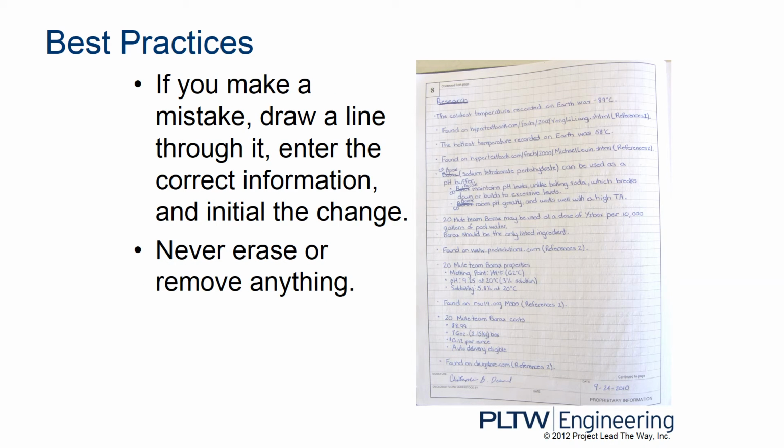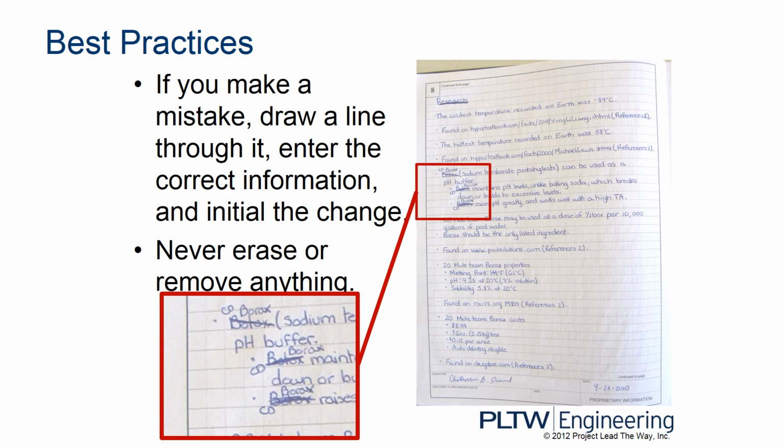If you make a mistake, and you will make a mistake because everybody in here is human, we all make mistakes. Draw a line through it, enter the correct information, and initial your change. You're never, ever, ever to erase or remove anything. So we look here.